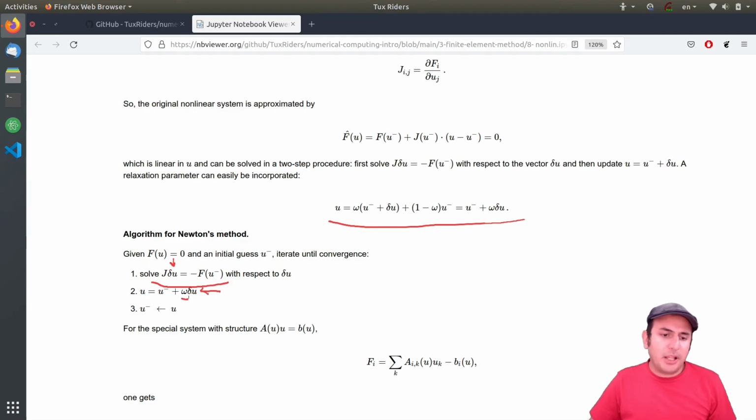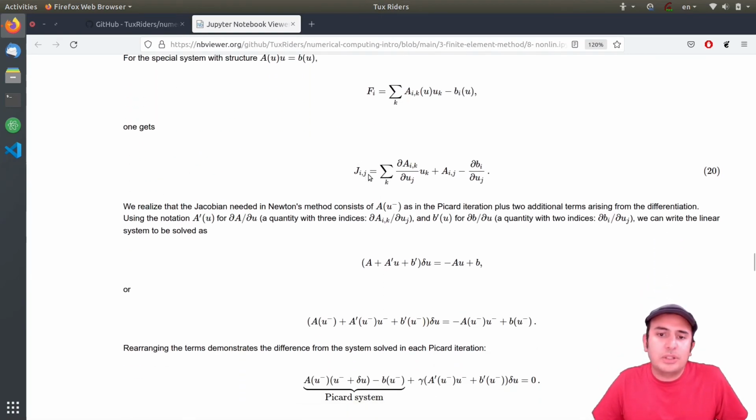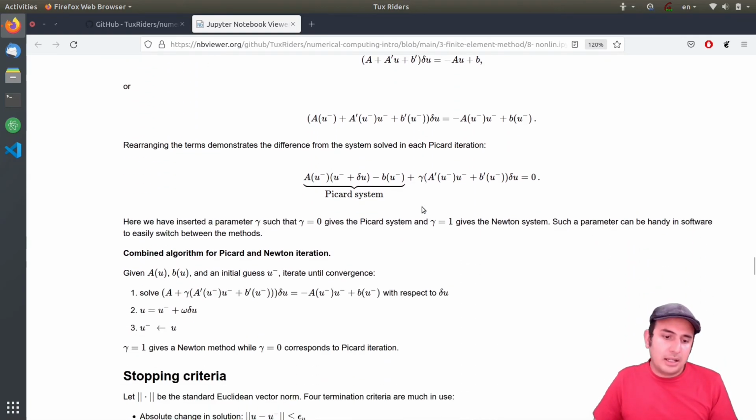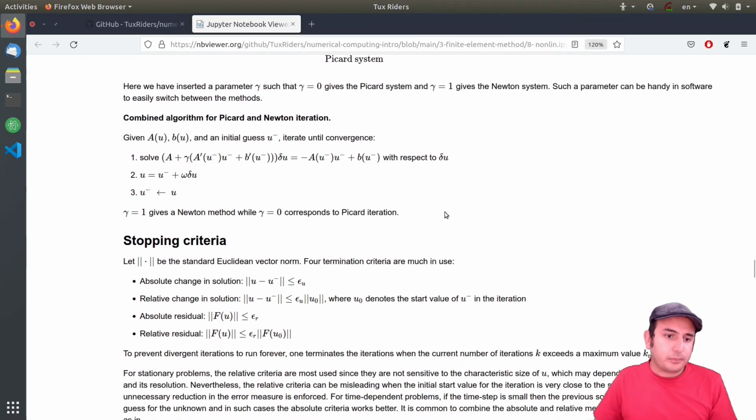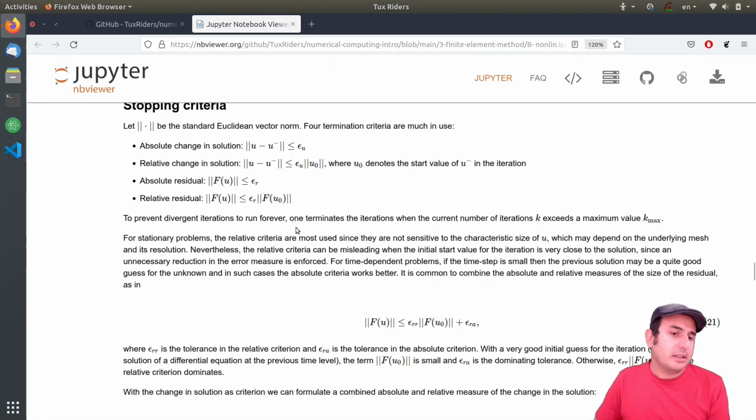And with relaxation applied, but as I said, if you apply omega equals 1, then you don't have any relaxation, and that's why it's usually between 0 and 1. And if it is 0, then it is not Newton. So that's really what it is. And then here you can see that you need to define your weak formulation in a way that the delta U is actually your unknown. The trial function is delta U. And then you can also combine these two together, and then this is a discussion on the stopping criteria.